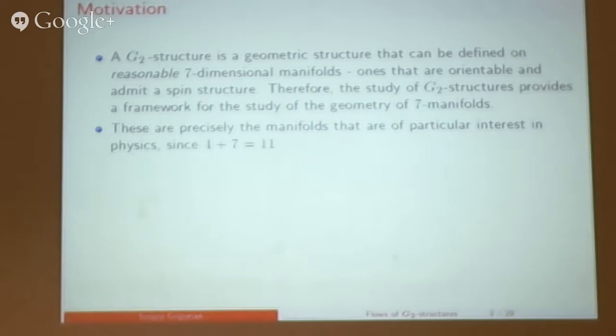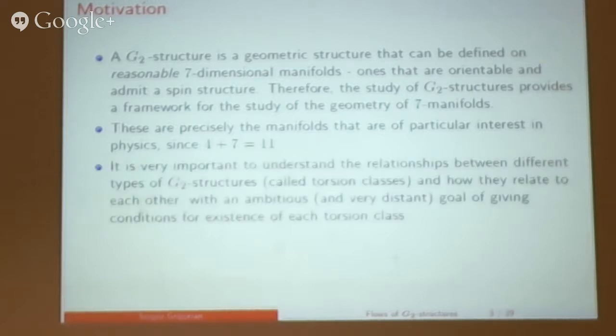Then on any such 7-dimensional manifold that physicists like, we can define a G2 structure. In particular, the exact type of the G2 structure will depend on the precise details of the physical theory. So in this regard, it's rather important to have a good understanding of the different classes of G2 structures, and in particular how they relate to one another.